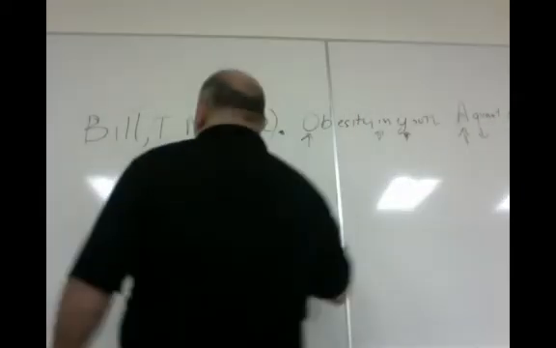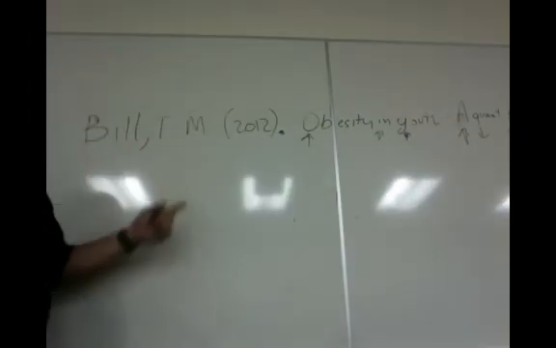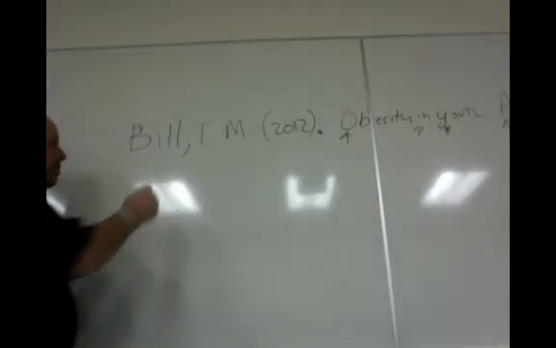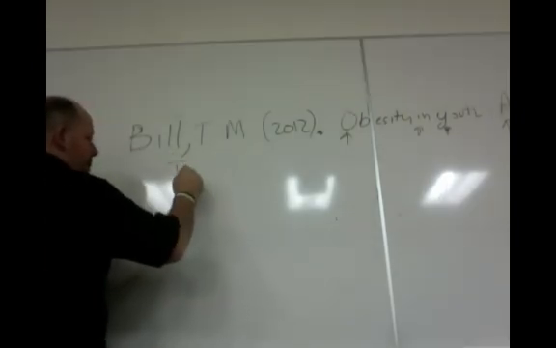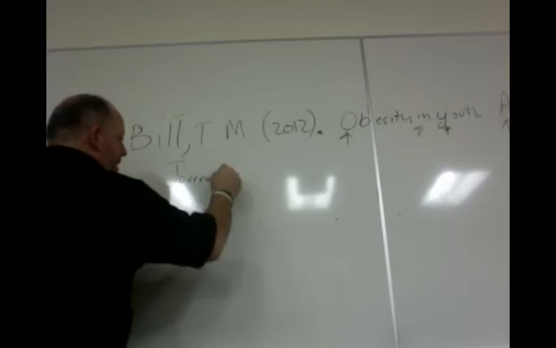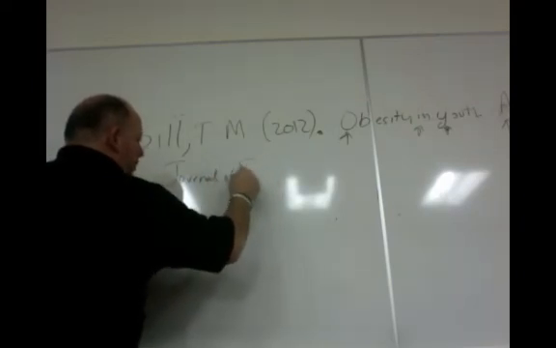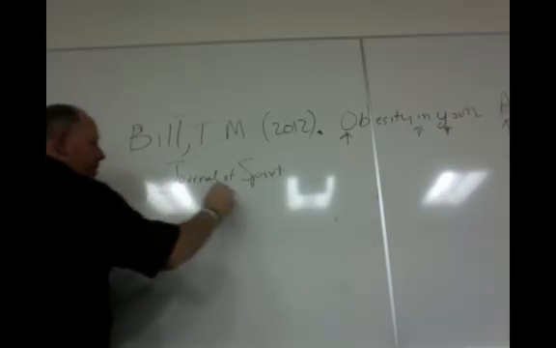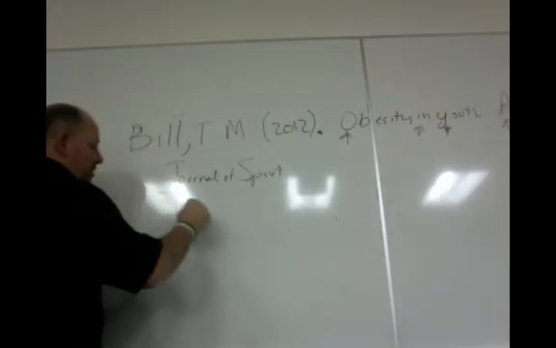Comma. Then we have, of course, the indent on the second line. Let's see. Journal of Sport. Now these are capped, but this right here is in italics.